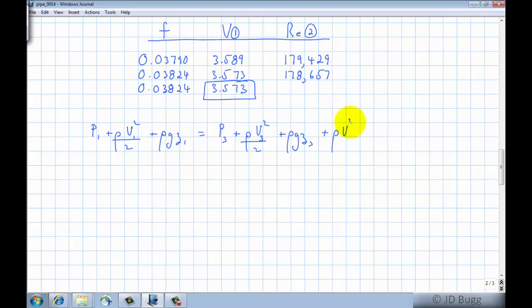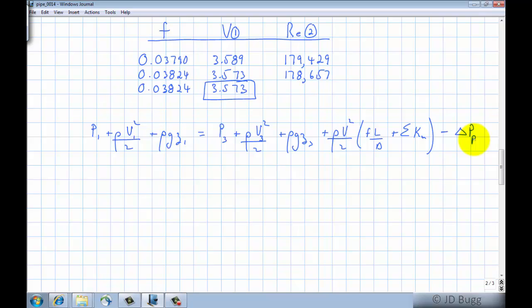So we have rho V squared over 2 times frictional losses, fL over D, plus minor losses. So that's all of the losses. And then finally, because now we're going all the way from 1 to 3, we have a pump in between those 2 points. So we need to put minus delta P pump on the end.